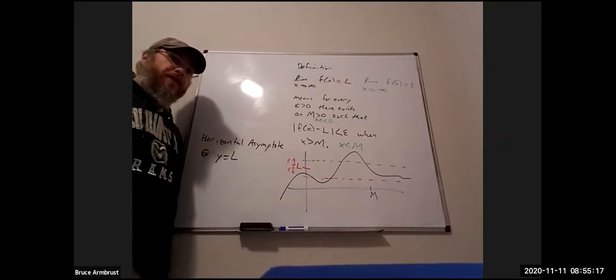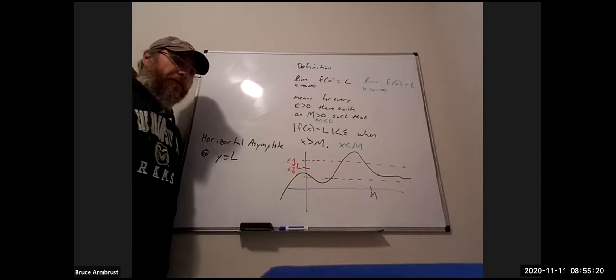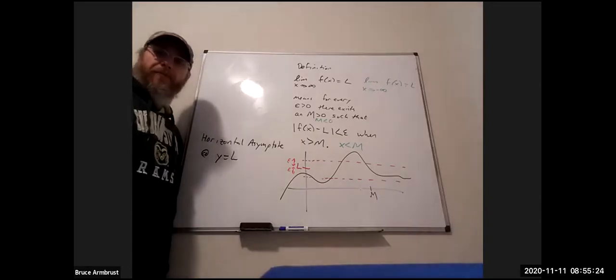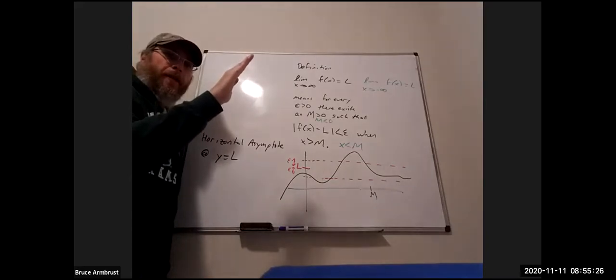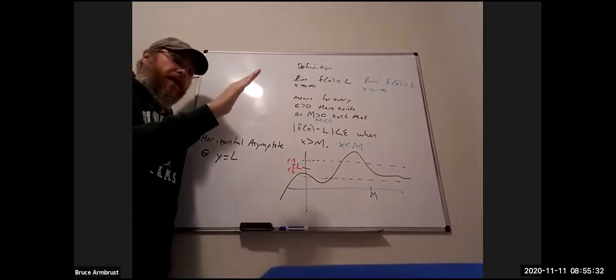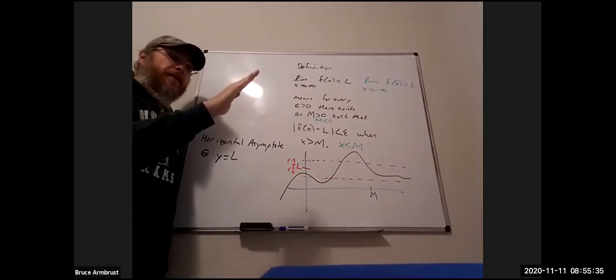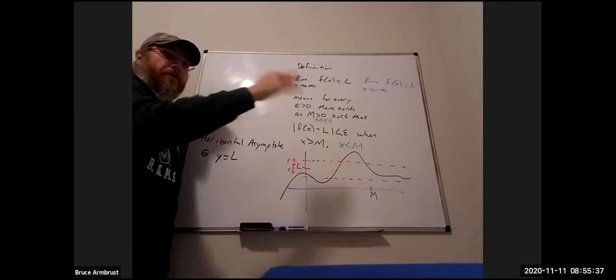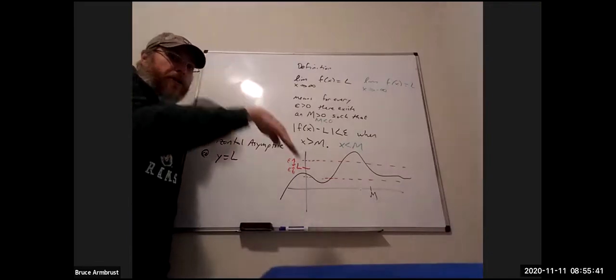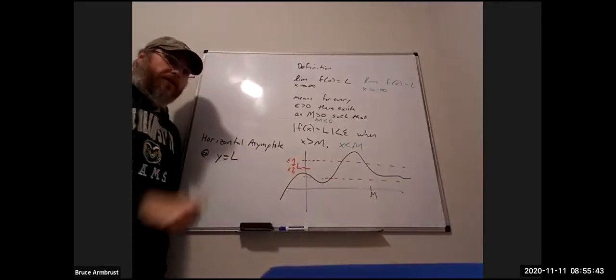You've seen so many examples of those that I don't even really have to show you any. But think about just a line. A line is never going to level off unless it was horizontal in the first place. As long as it's not a zero slope line, you can keep going forever and you're going to keep going up if it's got positive slope, or you're going to keep going down. So lines are a great example.